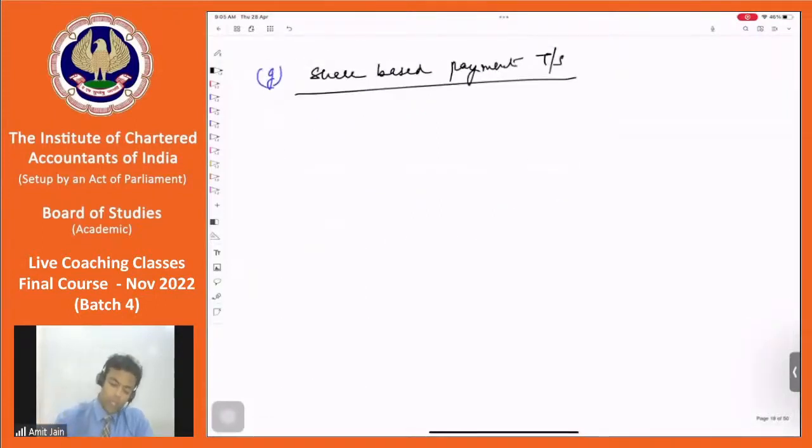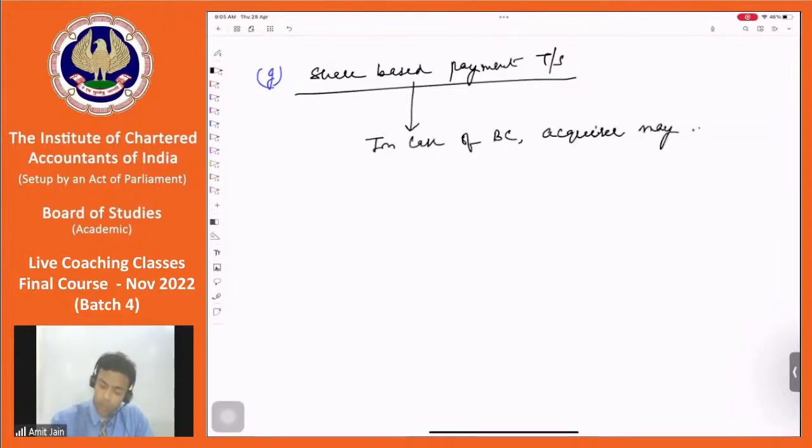Share-based payment, what is the transaction in case of business combination? In case of business combination, the acquirer may issue its ESOPs in place of the acquiree's ESOPs.